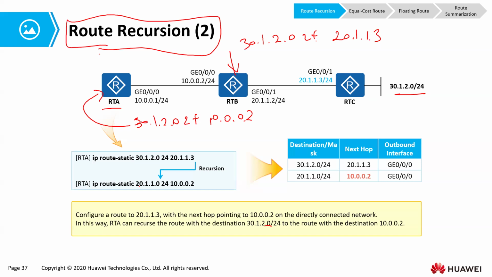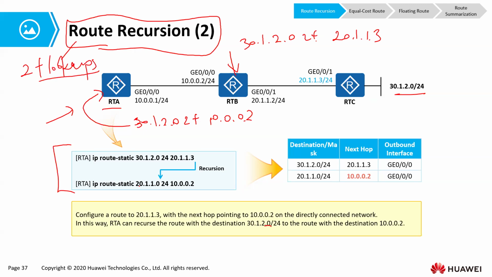Yeah, route recursion. If we can have something simplified like this, I think it's something to investigate. Why have this instead of the simpler approach? But route recursion, if you can summarize it, is having multiple lookups, two or more lookups on the routing table.